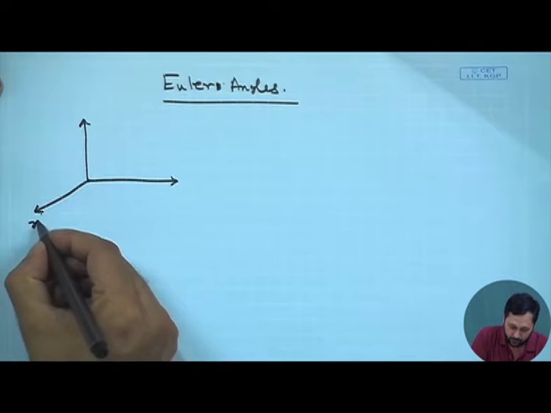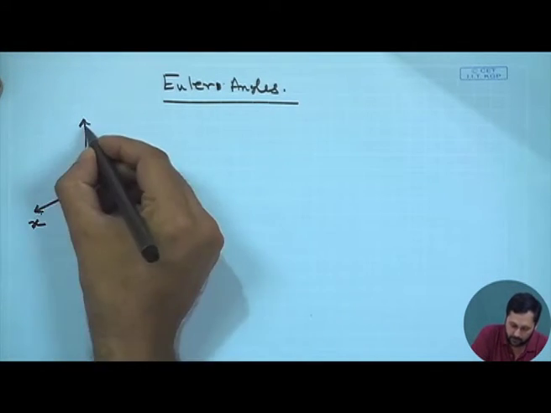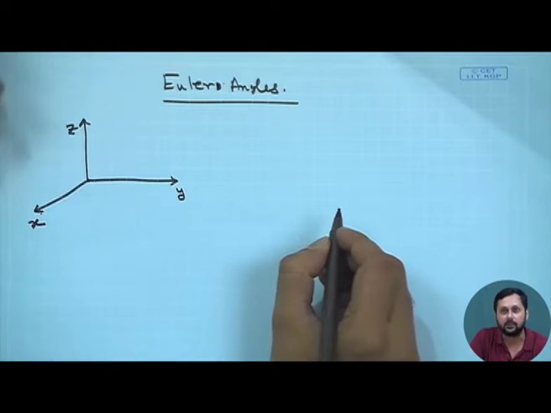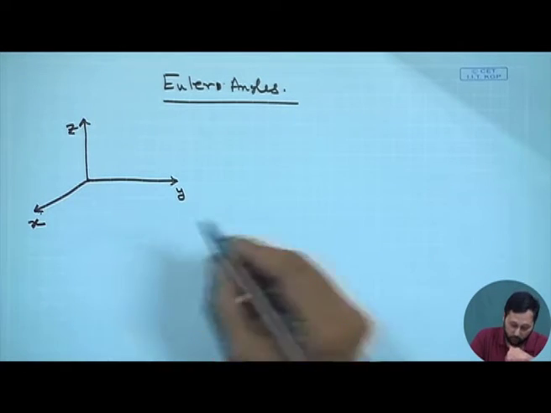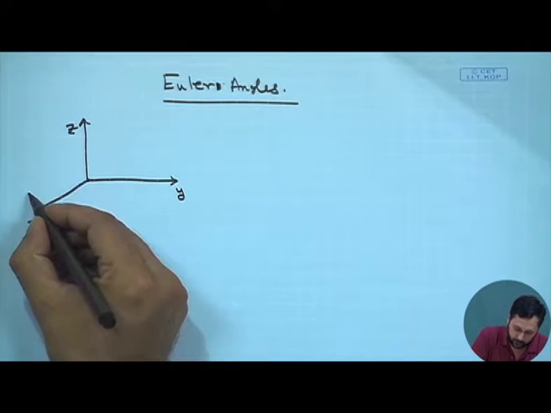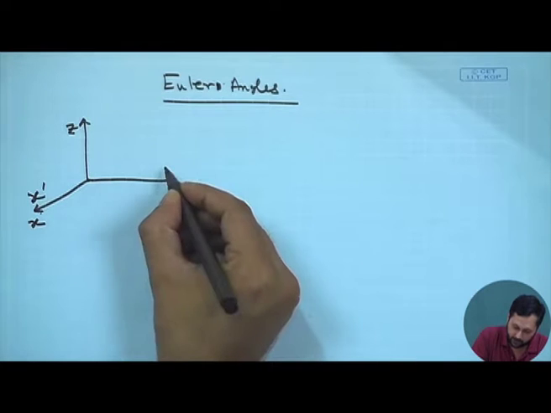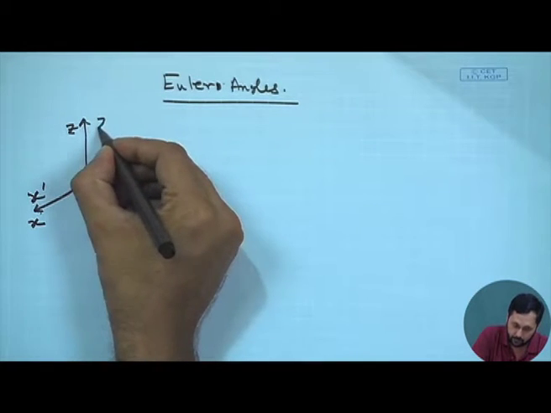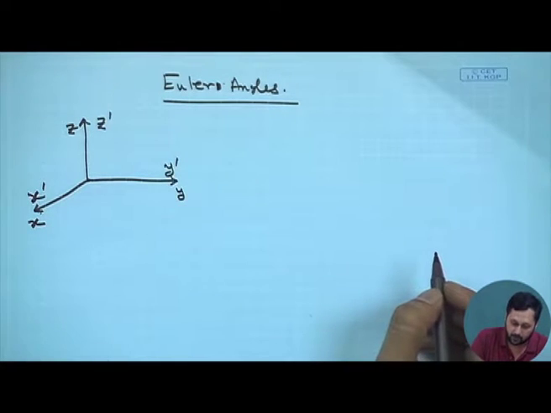So, we have x, y, z, which are the body set of axes attached to the body, and we have x prime, y prime and z prime, which are the space set of axes.